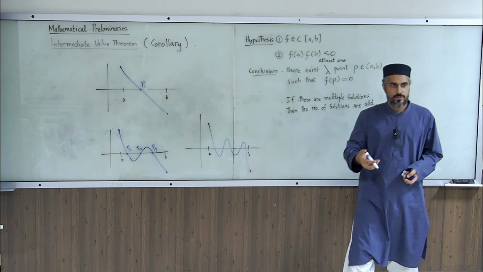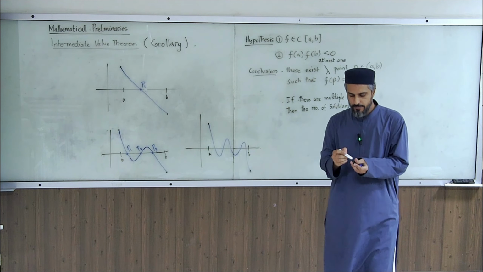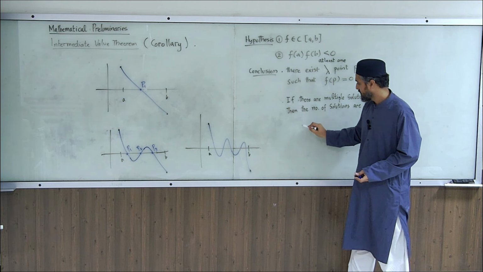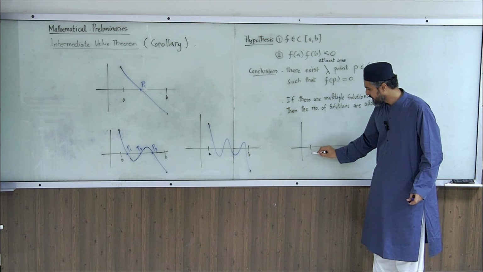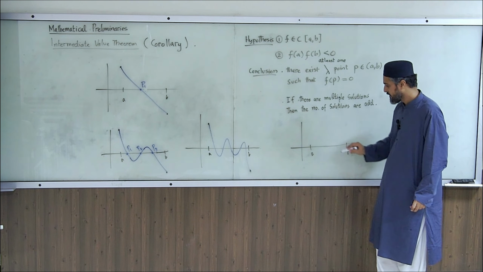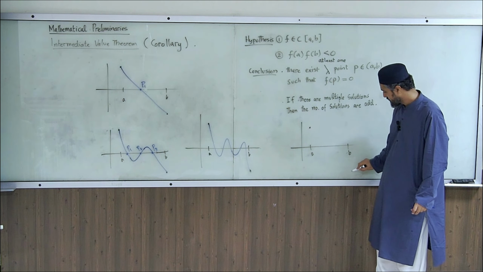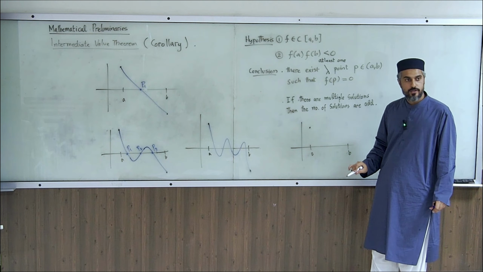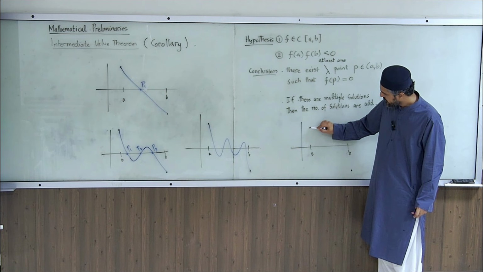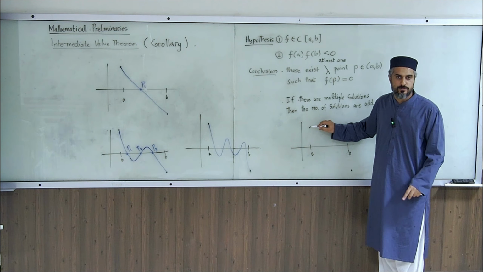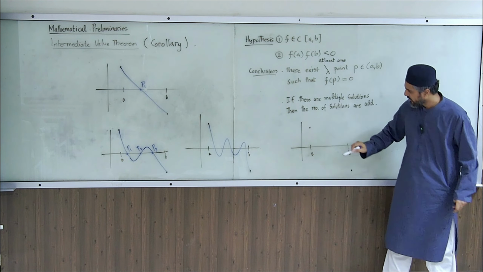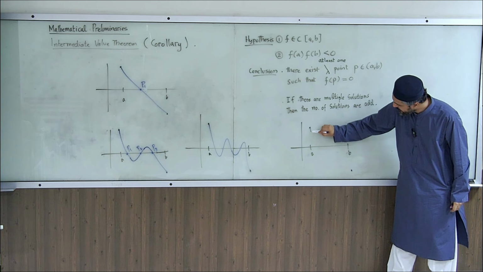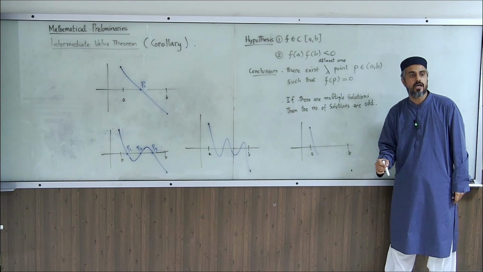There is one question I need to ask. For example, I give you a scenario. This is a point A, this is the point B, this is the height f of A, this is the height f of B, and I have more than one solutions. Please follow this curve I'm going to draw. If it crosses the x-axis, I get one solution; let's say I have more than one solution.